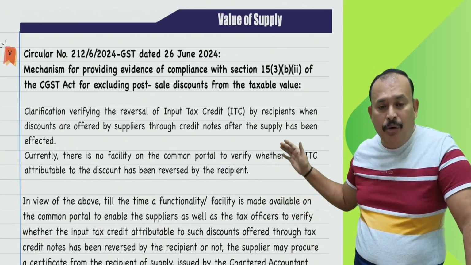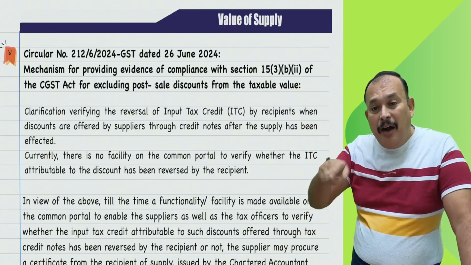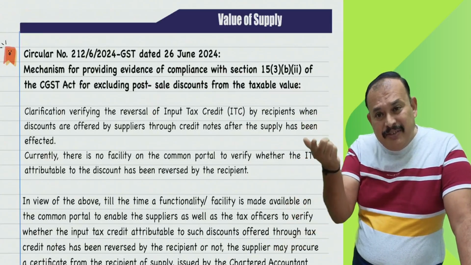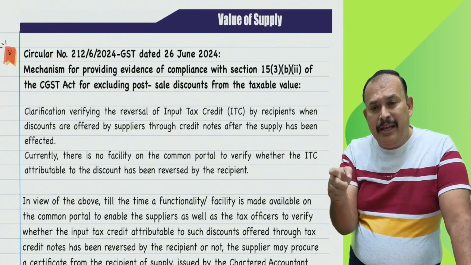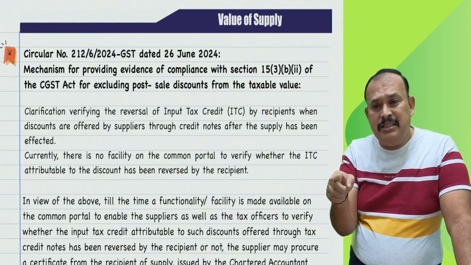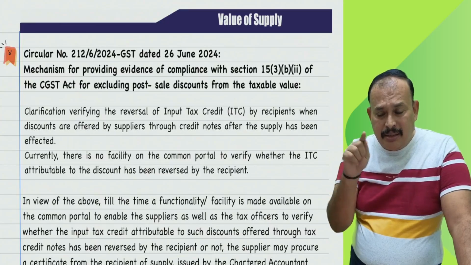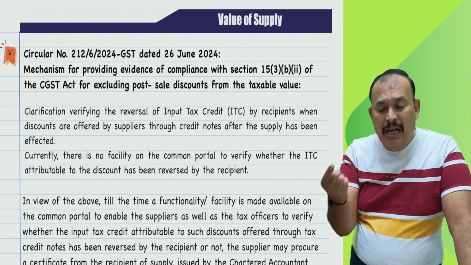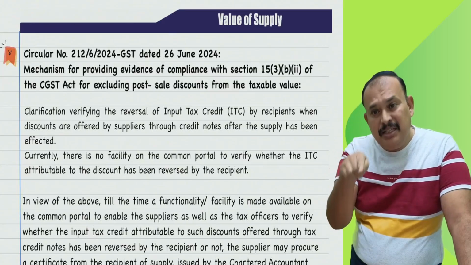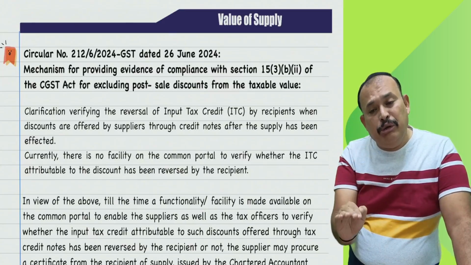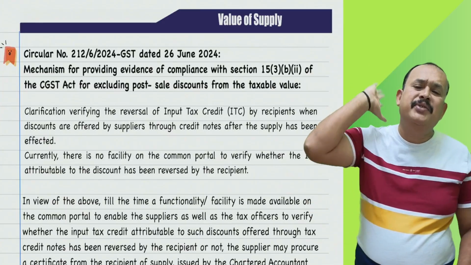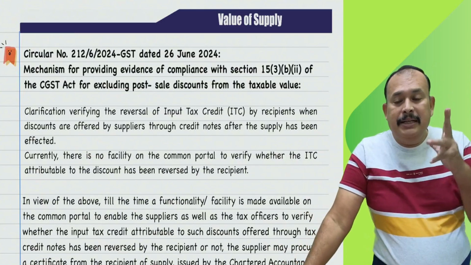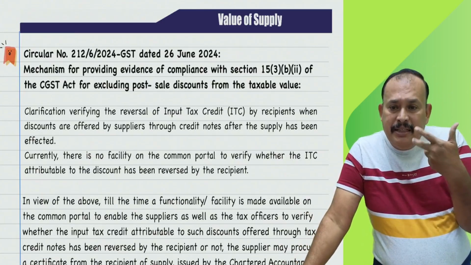If a discount is given after the sale, which is clearly mentioned in the invoice, the supplier is allowed a deduction of that particular discount amount, correct? Supply has taken place, the invoice is issued, mentioning in the invoice that we will give the discount in future if the buyer satisfies the conditions. When the buyer satisfies the conditions, the seller gives the discount.